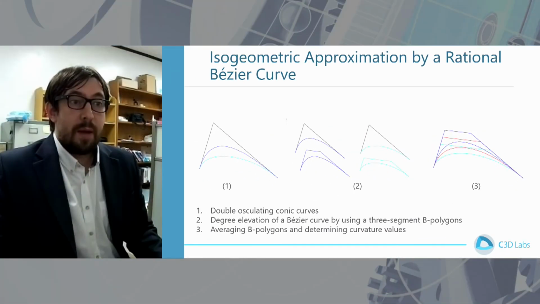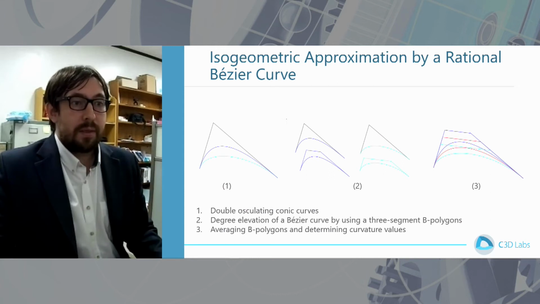First, double osculating conic curves on a shared segment of the base polyline are considered as second-degree Bezier curves with two-segment B polygons. Then we apply degree elevation of a Bezier curve by using three-segment B polygons.